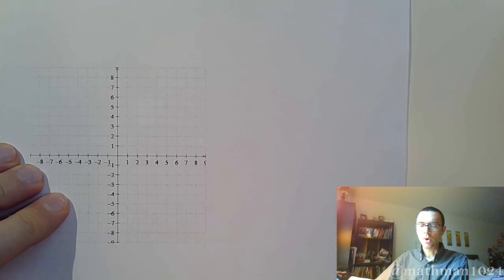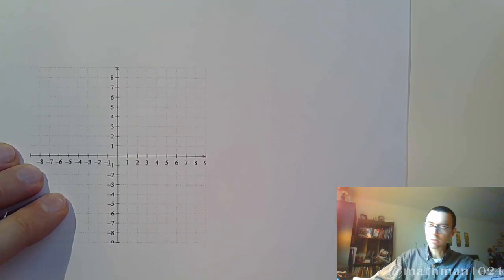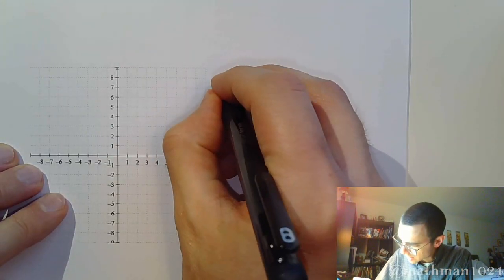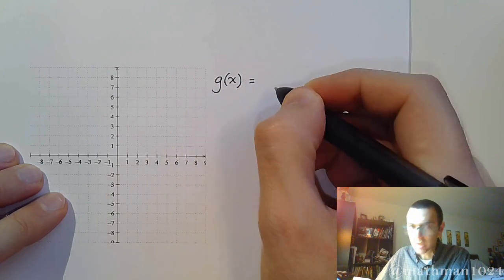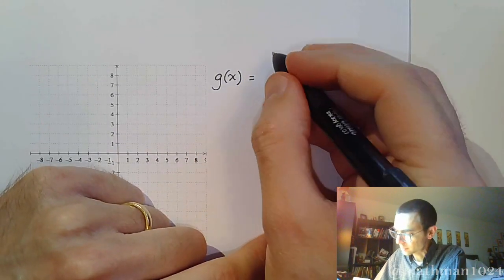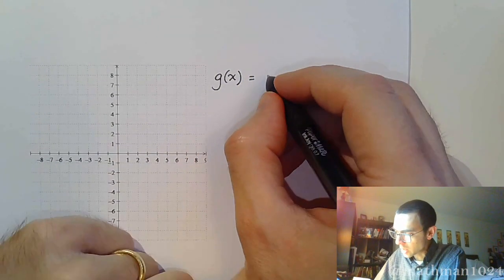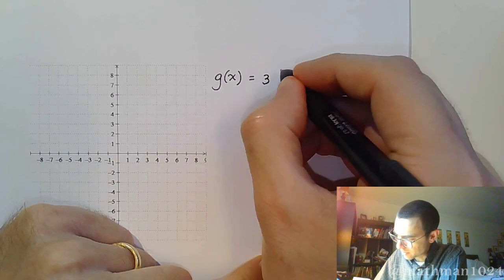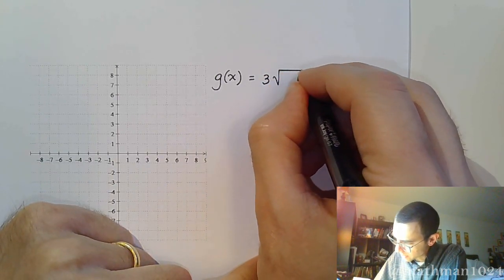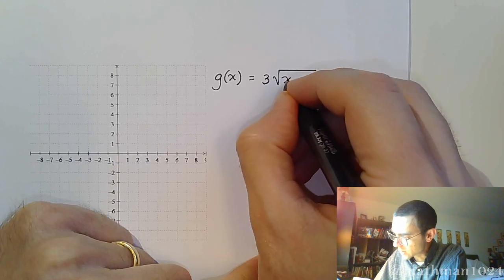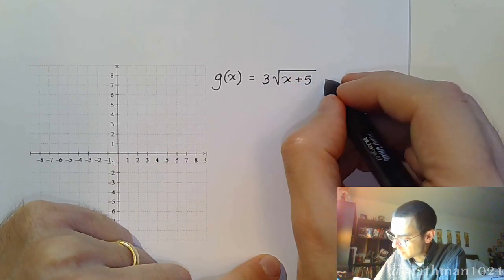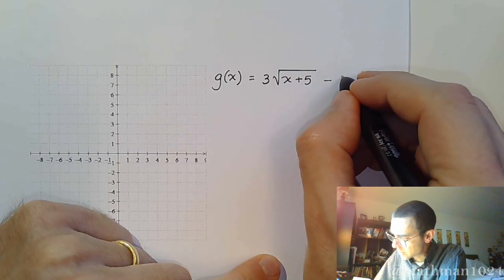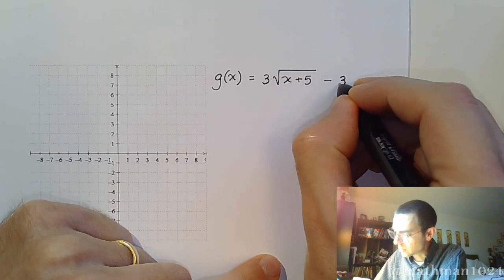Let's do a square root with a stretch. So I'm going to say g of x is equal to 3 times the square root of x plus 5, minus 3.